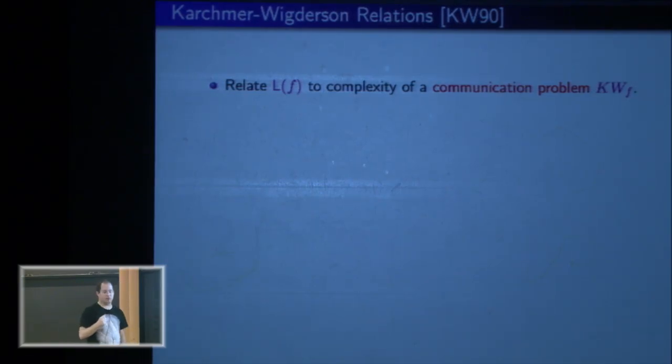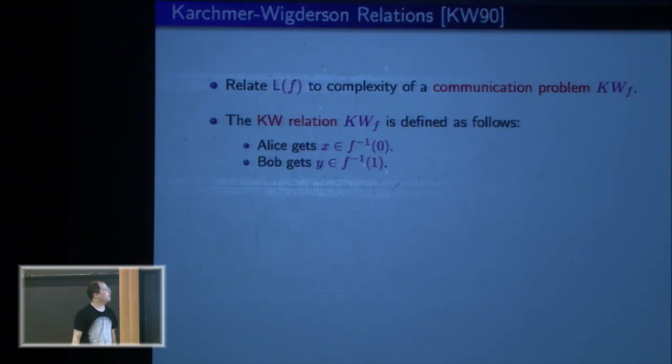And basically this means that we can study questions about formula complexity by studying questions about communication complexity. And this is nice in general, because personally I feel that I understand communication better than I understand formulas. So this gives us a grip on formulas. Now, how does this problem KW sub f look?